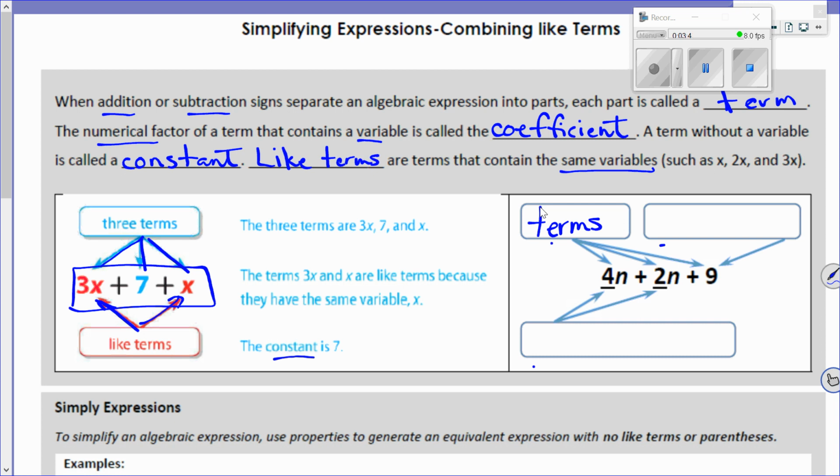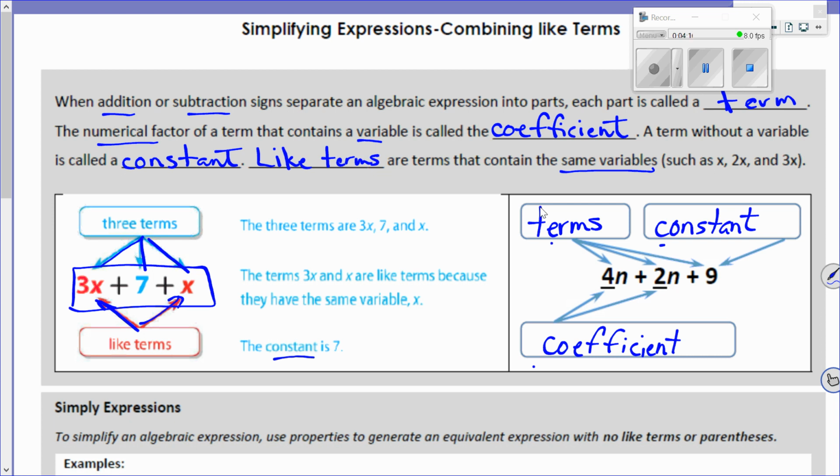The constant. The two arrows pointing to the numerical portion of those are the coefficients. Because it's pointing to specifically the numerical piece. If it was doing the whole thing, then it would have been like terms. But because it was just the numerical portion, then it's talking about the coefficients.